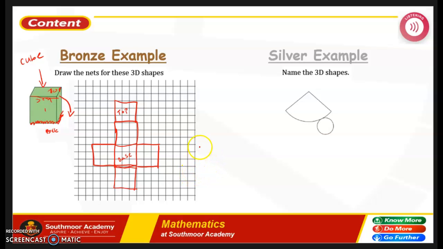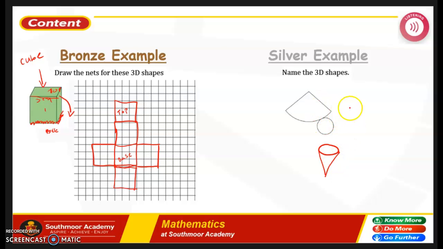Here we have to name the 3D shape that this would make. So this here, the 3D shape, would be a cone. If we can see this, that would fall down to become the top, and these would curve around the base, forming our point at the bottom, giving us our cone.